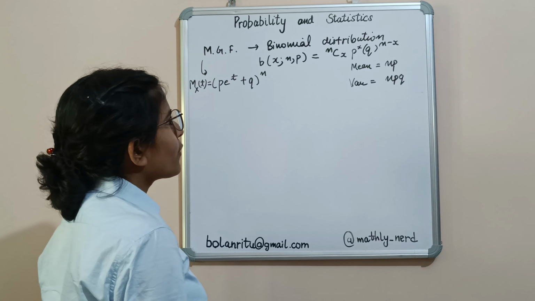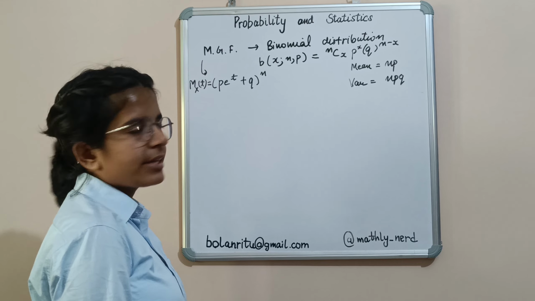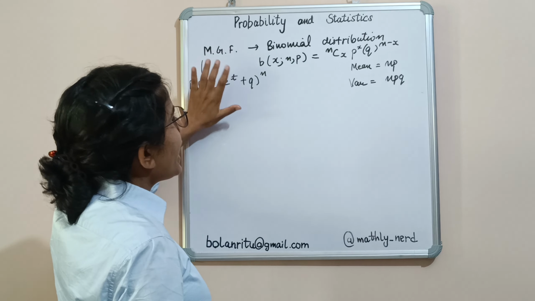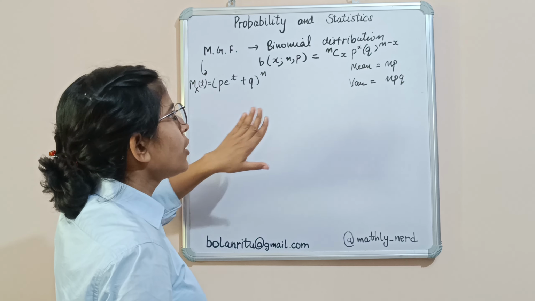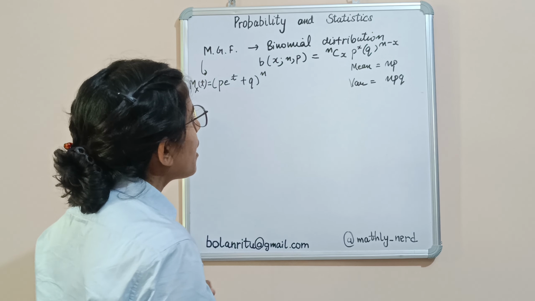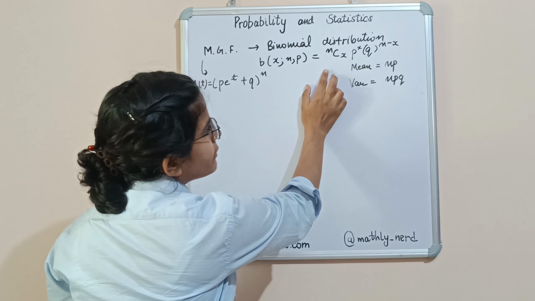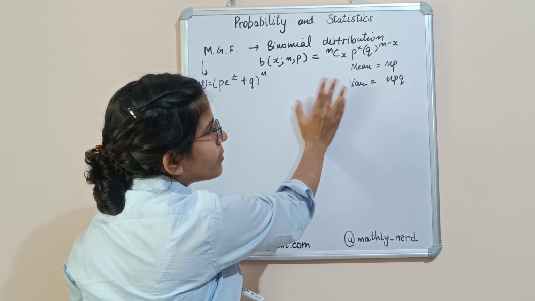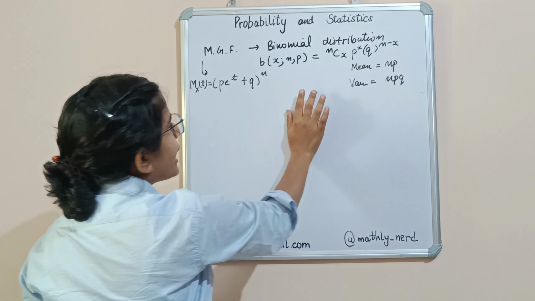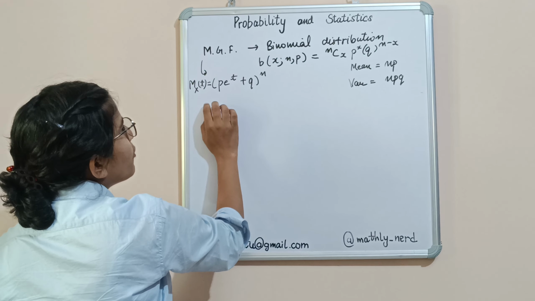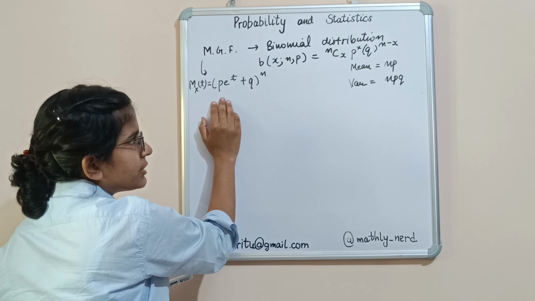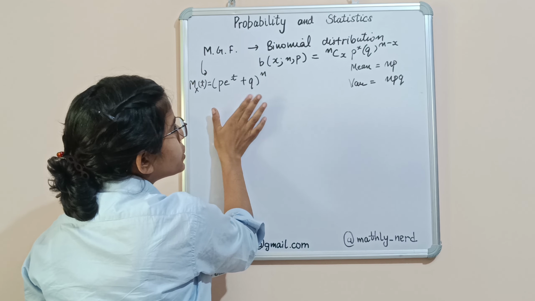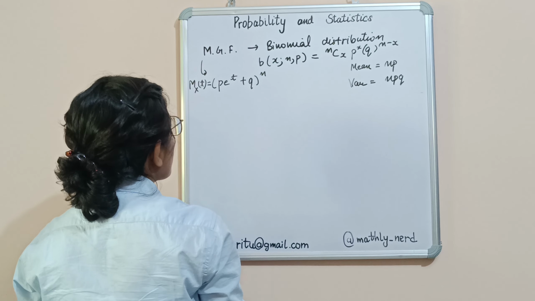Now we will learn how to calculate the mean and variance for a given moment generating function M_X(t) of a distribution. Now we know the mean equals np and variance equals npq for the binomial distribution, and as we have calculated, our moment generating function for the binomial distribution is (p e^t plus q) raised to power n.